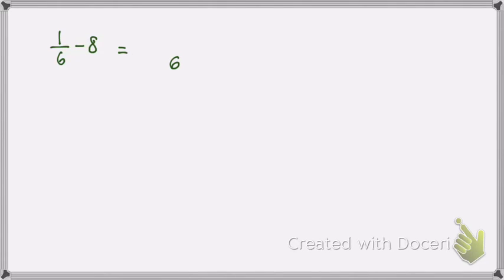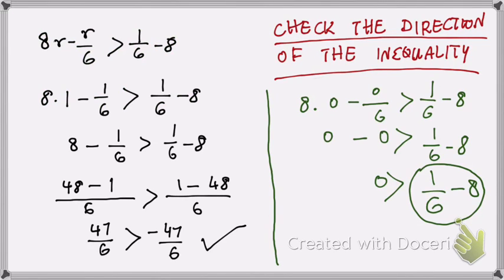That's 1 minus 48 equals negative 47 by 6. So you saw that it's negative 47 by 6, and negative 47 by 6 is less than 0.